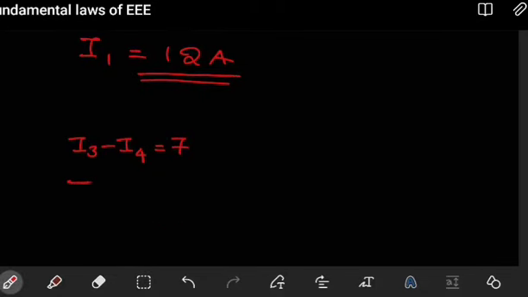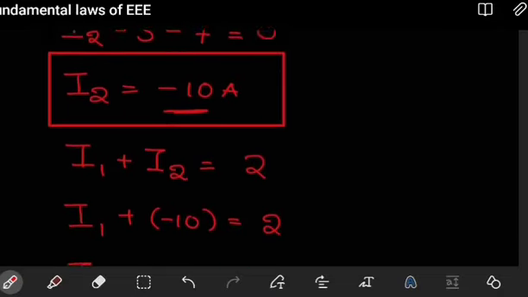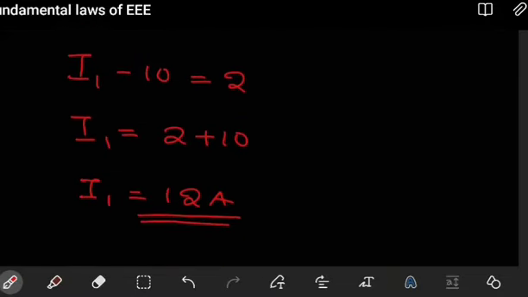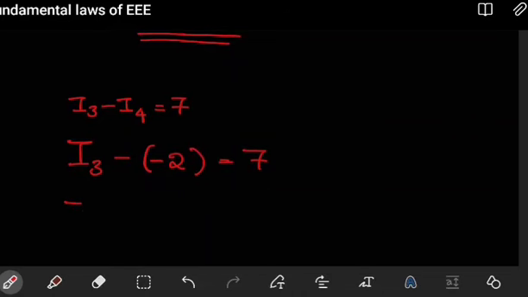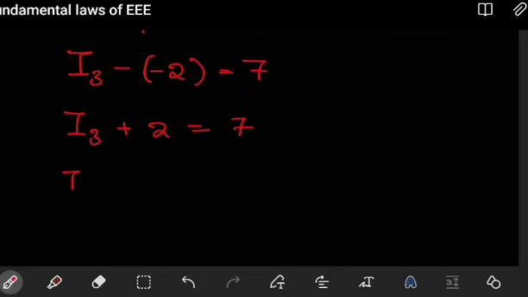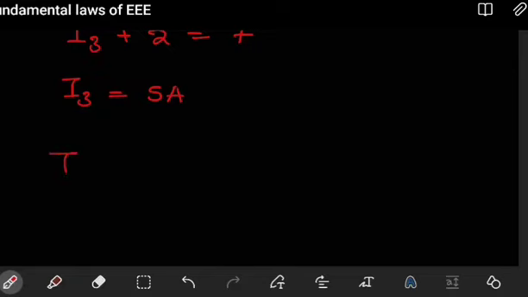So what is our I4? So we now have our I3 minus our I4, that was negative 2 amps. So you have negative 2 amps here, and then this is equal to 7. So you see that this is now I3 plus 2 is equal to 7. So that finally we have I3 is equal to 7 minus 2, which is going to give us 5 amps. So there we have it. All the currents they wanted.